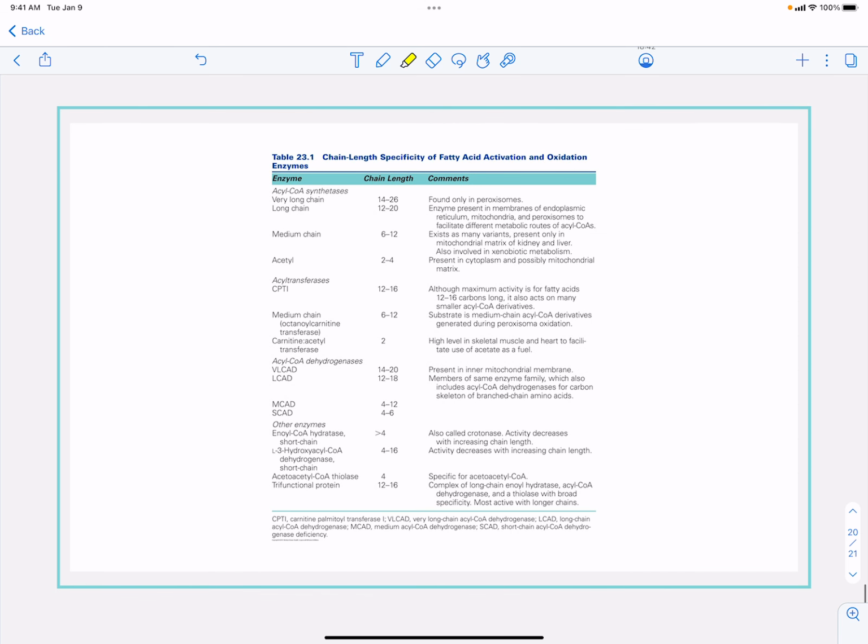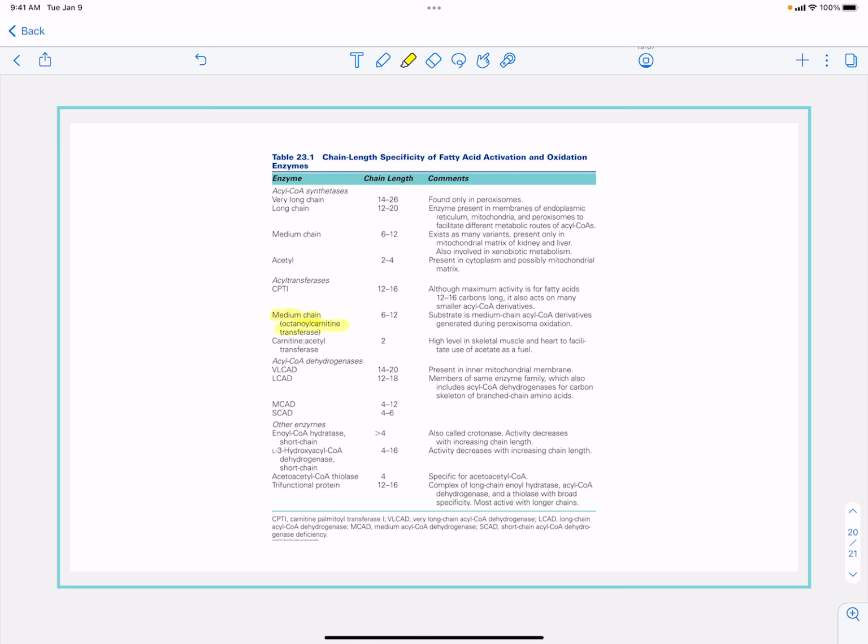So this is just a table to show you that there are many different acyl-CoA synthetases, different acetyltransferases, and they all have to do with the size of the fat that they're working on. And so you have your medium chain, which is your octanoyl carnitine transferase.